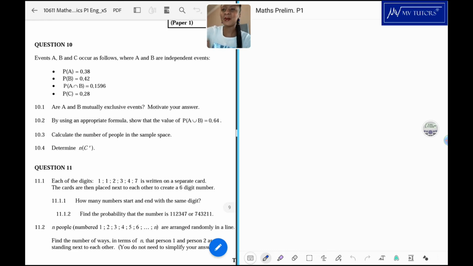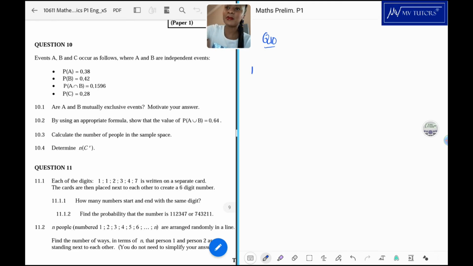All right, so question 10. Events A, B, and C occur as follows, where A and B are independent events. So we have the probability of A, probability of B, probability of A and B, and then the probability of C. The fact that they told us that they're independent events, I'm already thinking about the product rule.